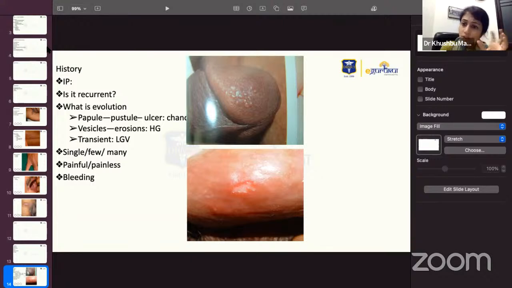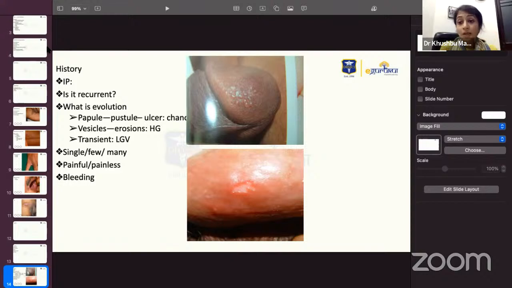Whenever I get such a short incubation period, I straight away start thinking about herpes and chancroid. Syphilis, the incubation period is 10 to 90 days. LGV, donovanosis, all 2 to 3 months. So an incubation period of 2 to 5 days, 2 to 7 days, anything less than a week, think of herpes, think of chancroid.